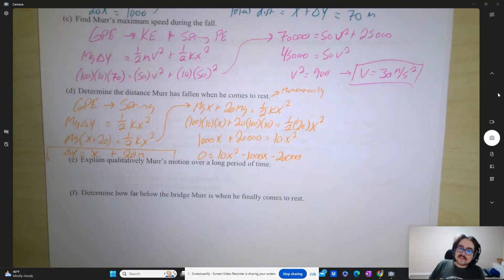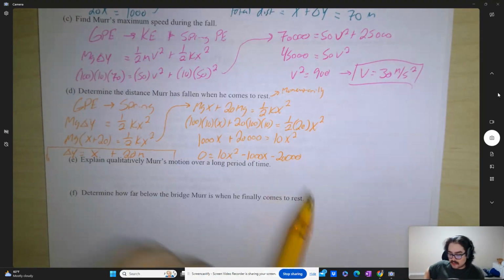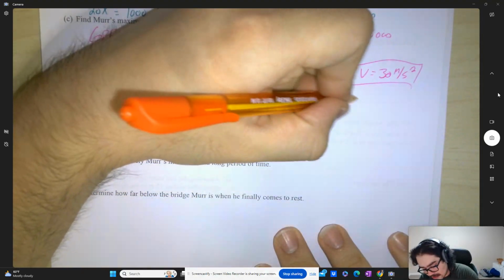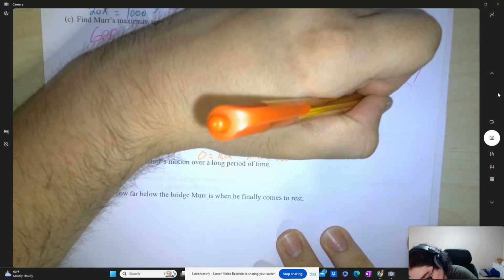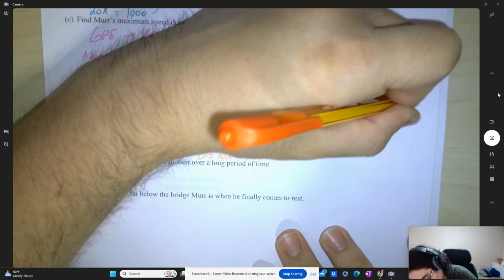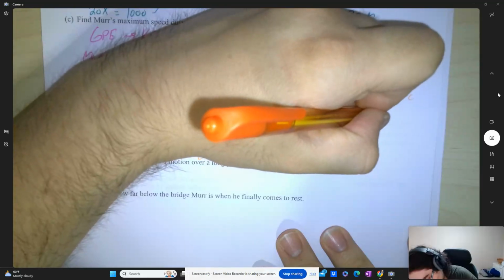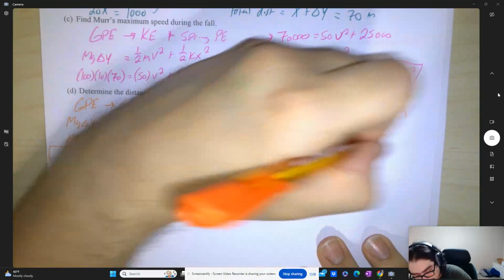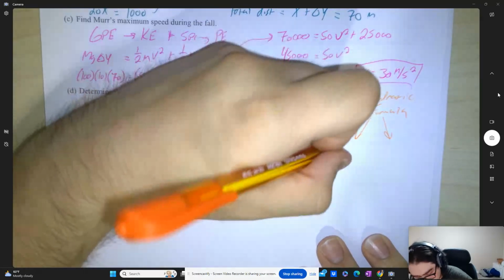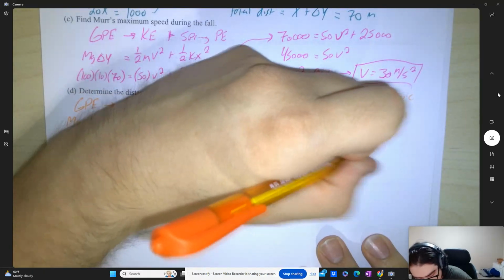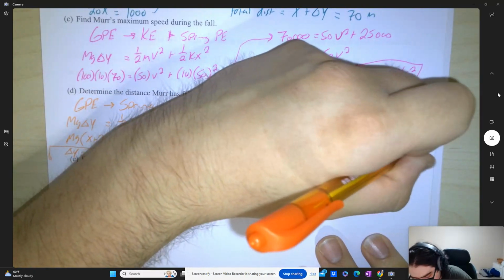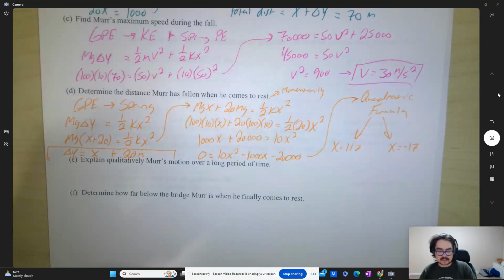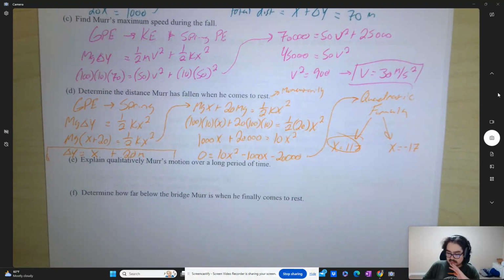And now this is where things get weird, because now you actually have to use the quadratic formula. I'm going to skip that step because I trust that you know how to do it. If you want to see the whole steps, you can get there yourself. But the two answers that you should end up getting are x equals 117 and x equals negative 17. And you should recognize that the positive one is the one that we need to stick with.